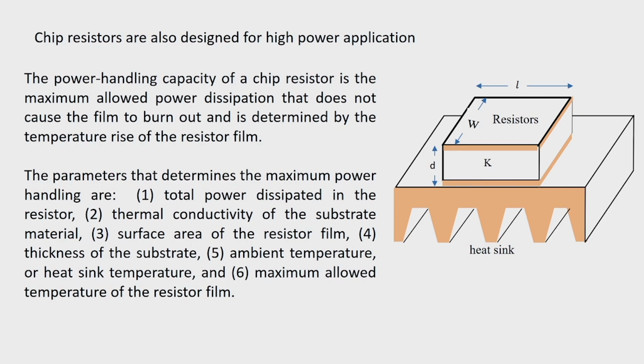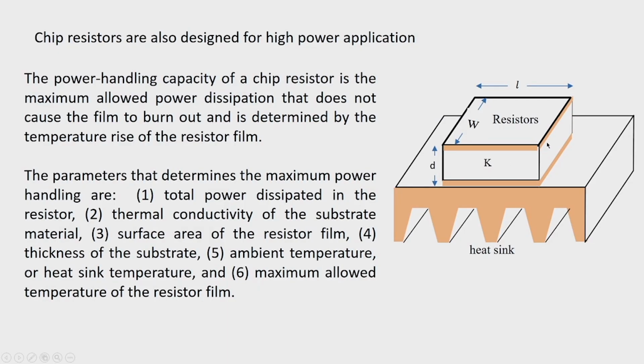So, these are the parameters which actually determine the power handling capacity of the chip resistor, and in the figure a chip resistor mounted on a heat sink has been shown.